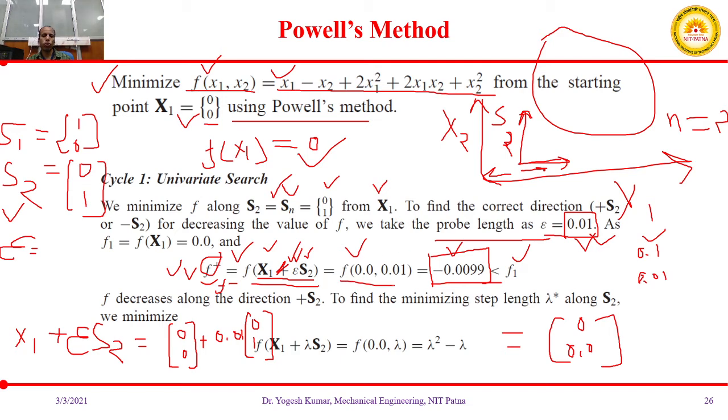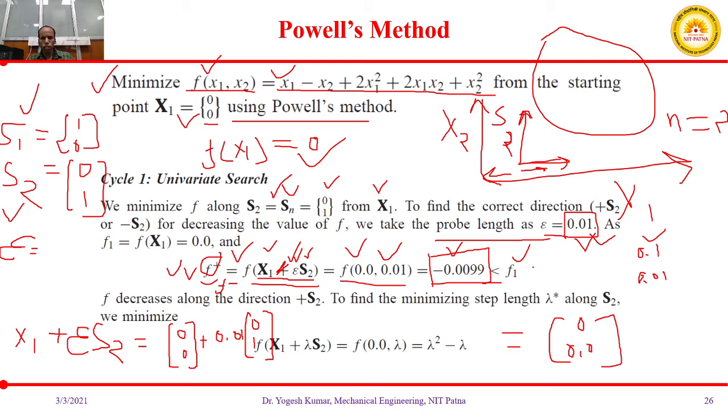If you are not getting any minimum value in either direction, positive or negative of S2, then you will do the similar check for S1 also. And if the same problem remains, that you are not getting a minimum value, it means you have already achieved your optimum value. You need not go further.